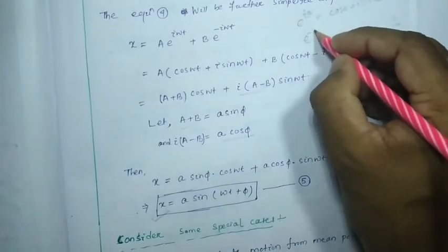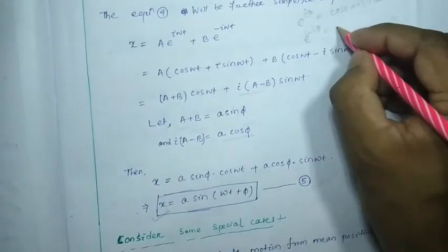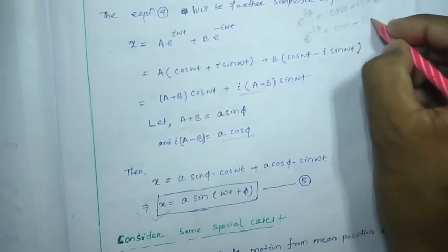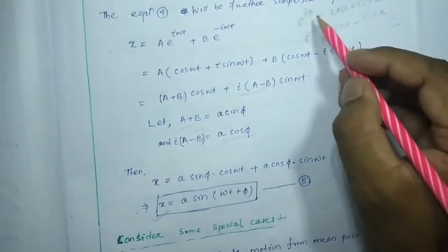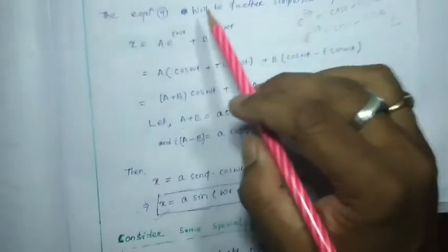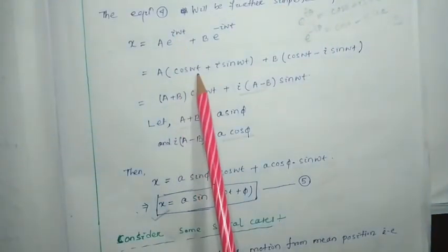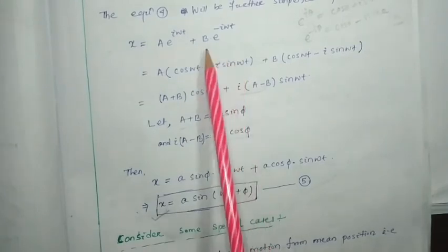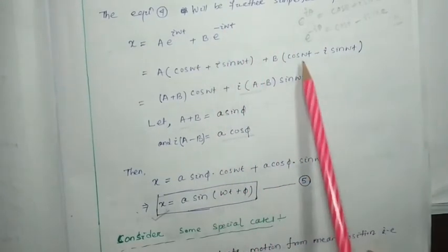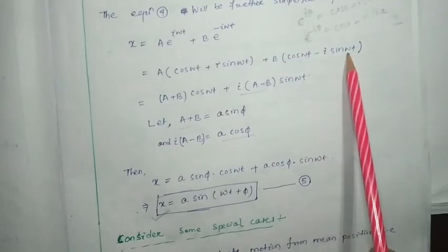E to the power minus I theta is equal to cos theta minus I sin theta, right? So here instead of theta we have taken omega t. So e to the power I omega t can be written as cos omega t plus I sin omega t, and e to the power minus I omega t is written as cos omega t minus I sin omega t.